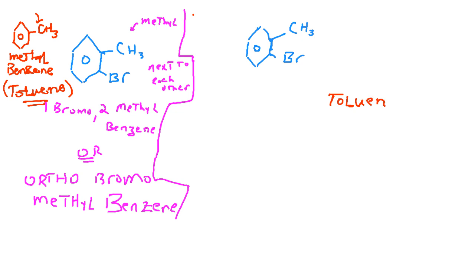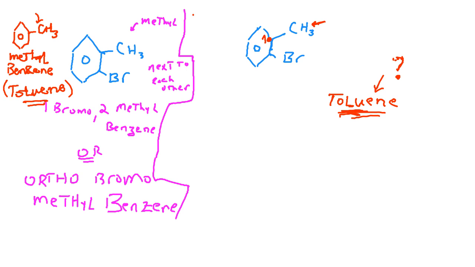Okay, now what makes this toluene? It's toluene because of the methyl. So if I define this to be toluene, then this methyl forces this. This now is carbon number 1.